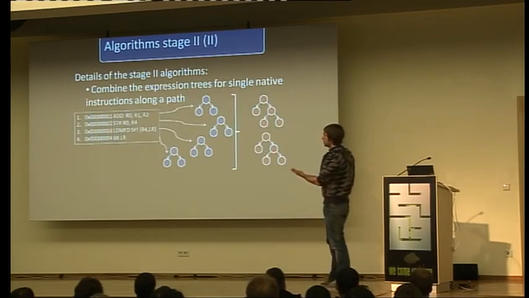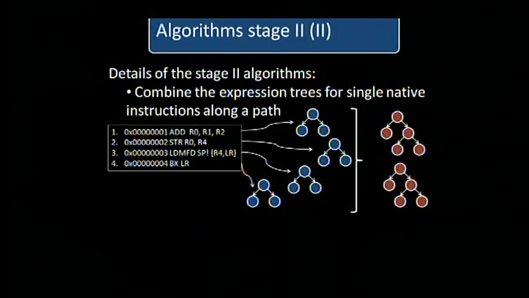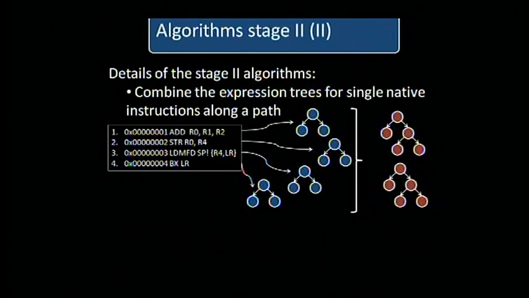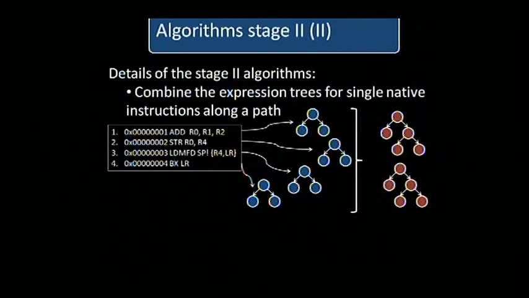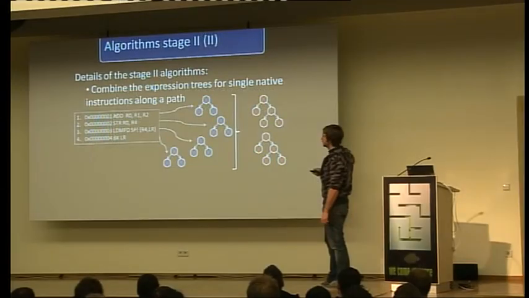Okay, so combining expression trees along a single path is pretty simple. You can take this very simple arbitrary example here, and given that you have a set of expression trees which comes out of a sequence like this, then, due to the fact that they reference the same register, like here or here, you can combine them into larger trees.